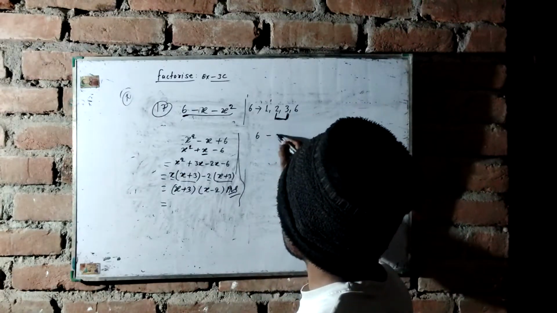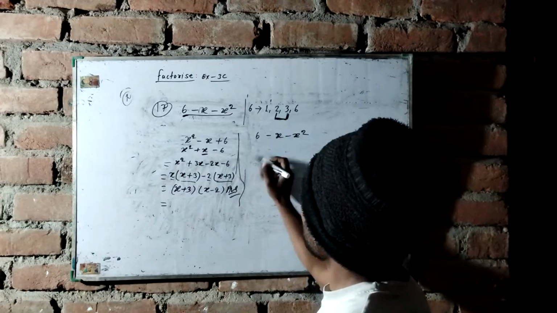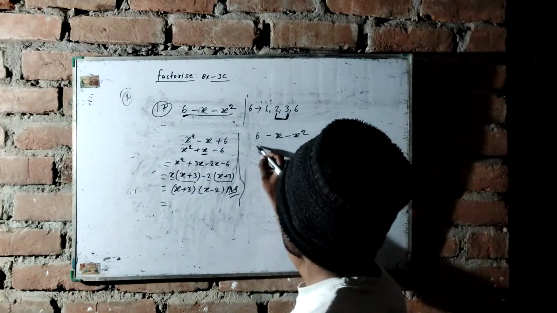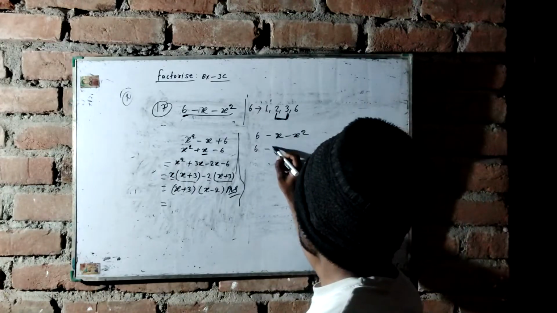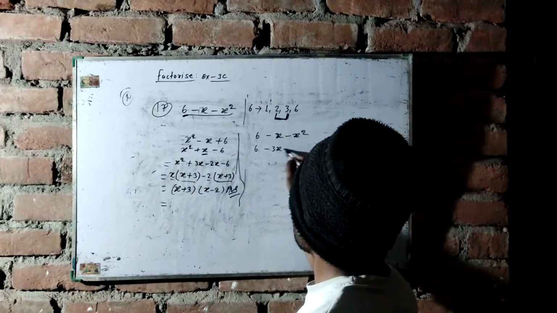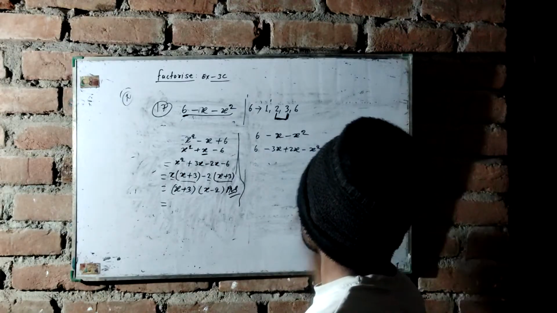Consider 6 minus x squared. Consider these two numbers: 6 minus x can be written as minus 3x plus 2x minus x squared.